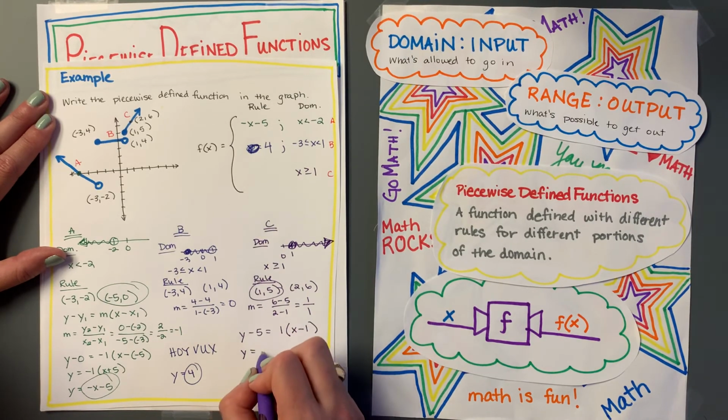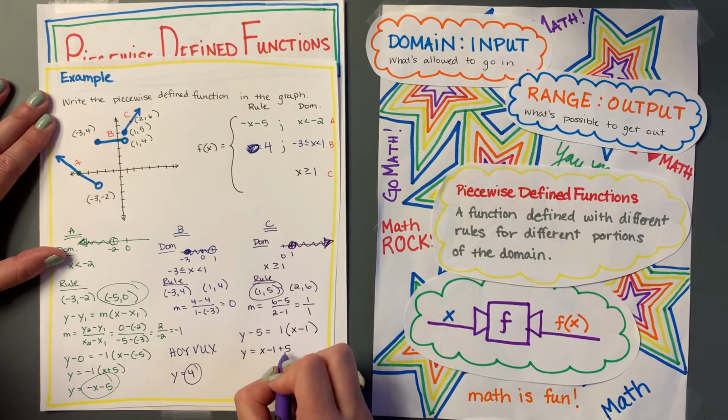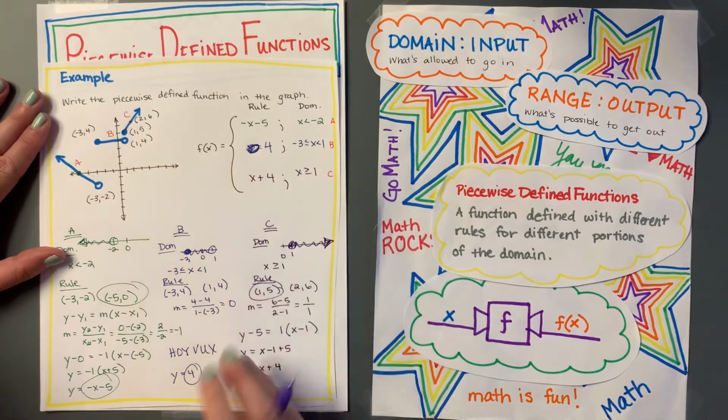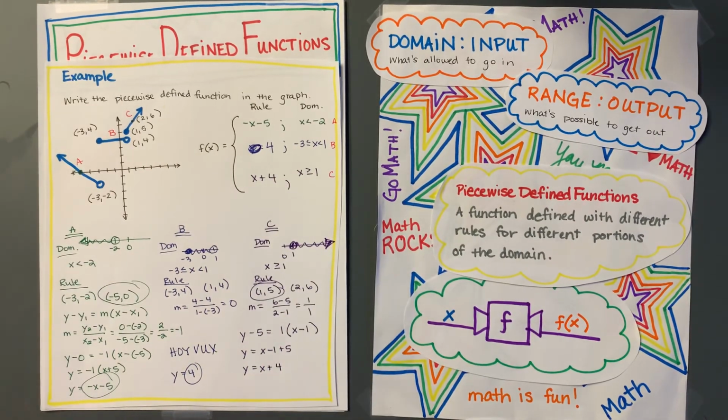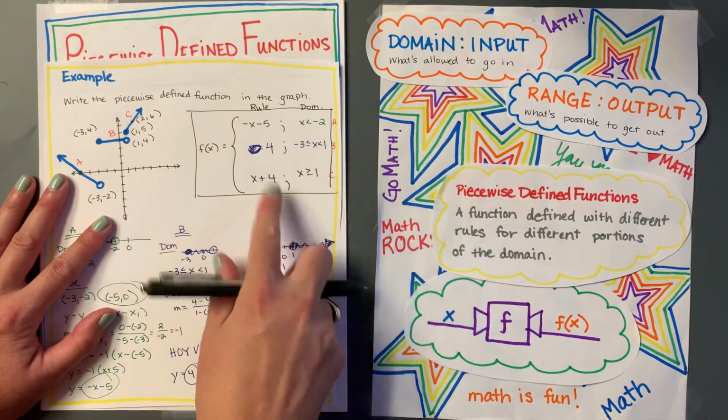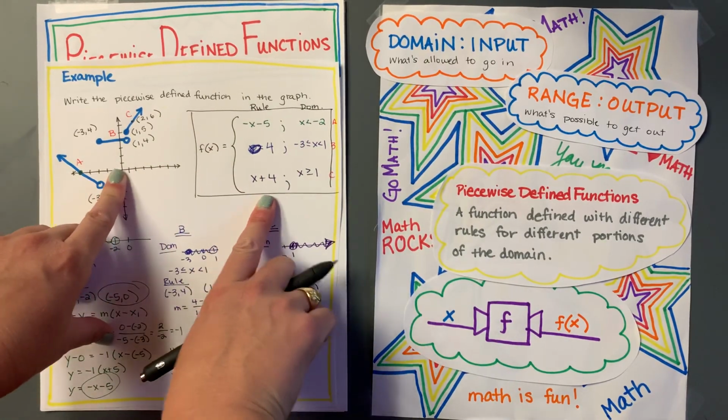So y is equal to x minus 1 plus 5. Y is equal to x plus 4. So this rule is x plus 4. So now this is my piecewise defined function that creates this picture.